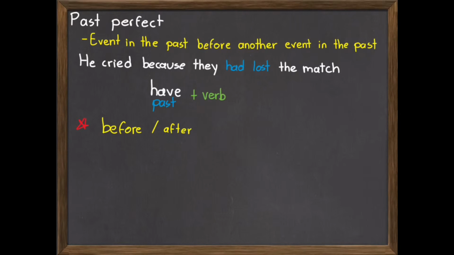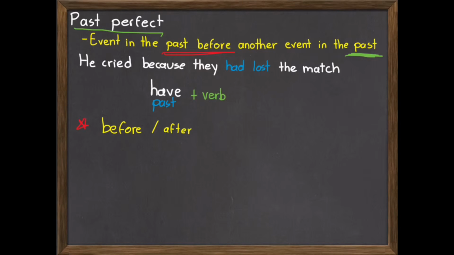Now, notice that the past perfect is used when you're talking about an event that happened before another event in the past. Both of these events are in the past, but the one in past perfect was before the other event.